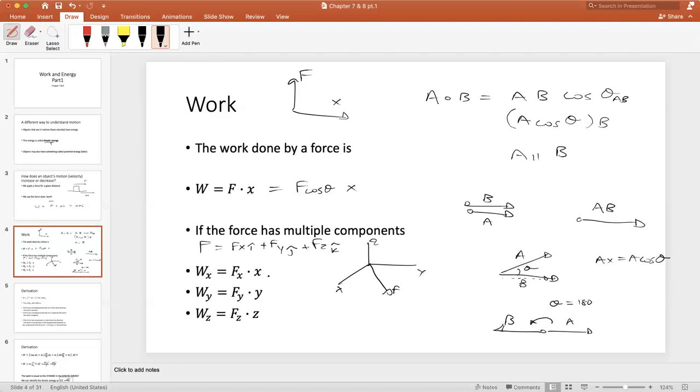And the displacement x is in the i hat, and this is in the j hat, and this is in the k hat. So what you'd have when you took the dot product of f and x is you would get fx times x in the i hat, fy times y, and fz times z. That is not any more complicated than doing it in 1 dimension.